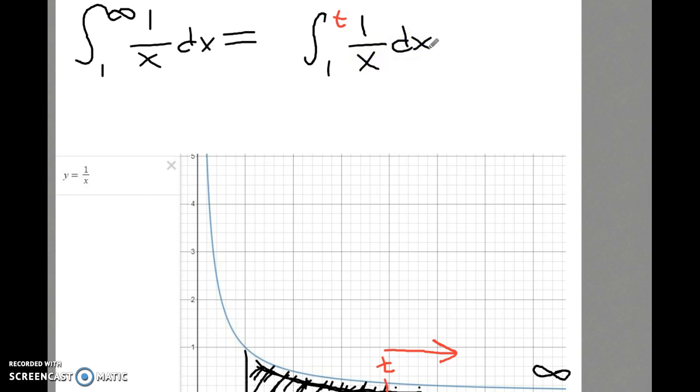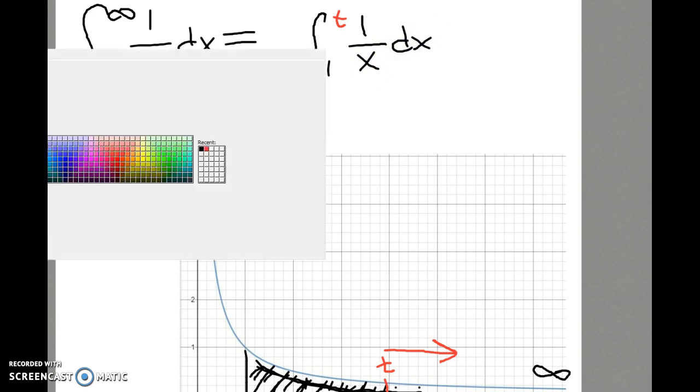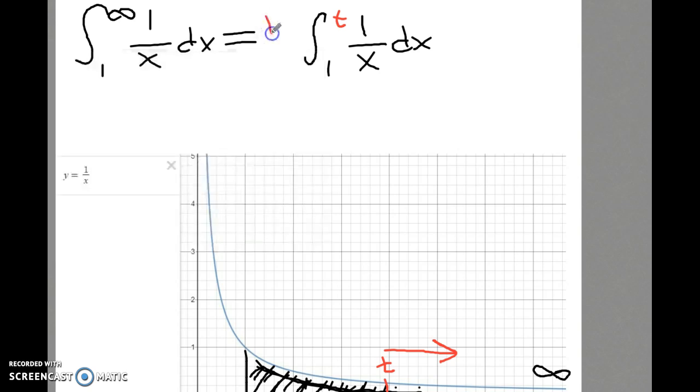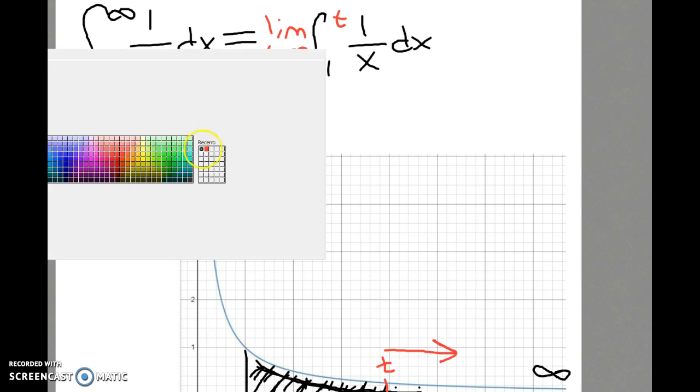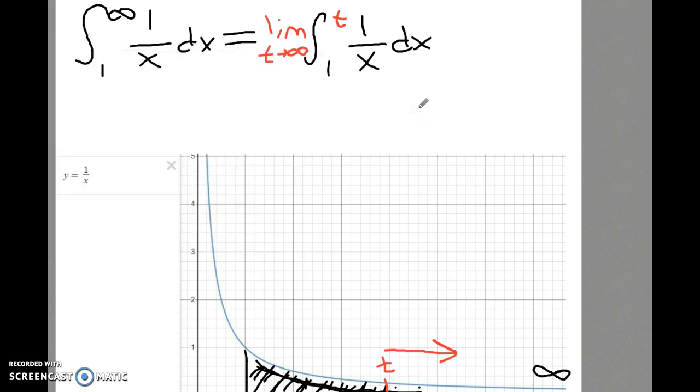So it's the area from 1 to t, and then we take the limit on the outside, the limit as t approaches infinity. So if you picture that, you'd be finding the area under this curve going from 1 to t, and then you let this right-hand boundary slide off toward infinity.